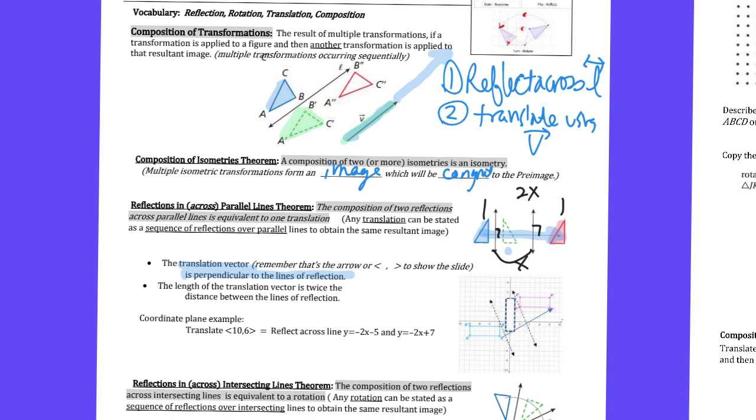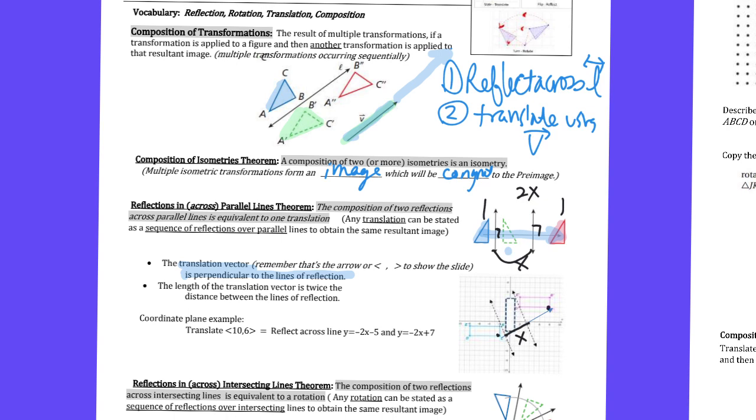I did one from my other class on a coordinate plane to show that even if you had a square on a coordinate grid and you reflected it twice, once across a line and then across another line of reflection, you could have just slid it. And again, the distance between these two lines, x, is equal to 2 times x, the overall distance of this vector.